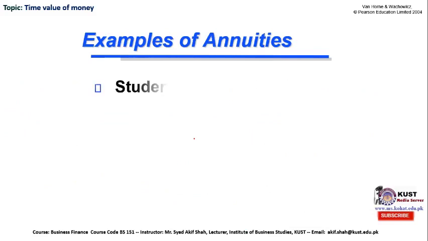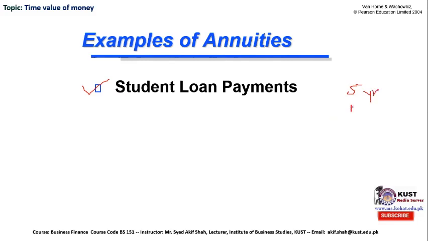Examples of annuities. It could be a student loan payment. Let's suppose a student has taken a certain number of dollars or rupees from a bank, and that bank is asking the student to pay out that loan in 5 years of monthly installments.